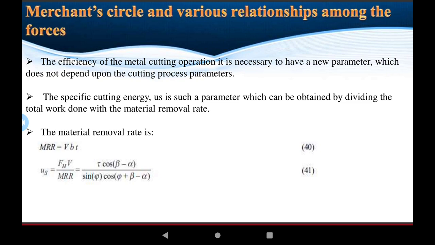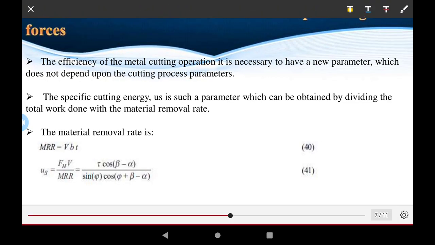The VBT upon the VBT total is present. The US is the FSH upon the metal removal process. The tau is cos(beta minus alpha) upon sin phi cos(phi plus beta minus alpha). This is present. Okay.